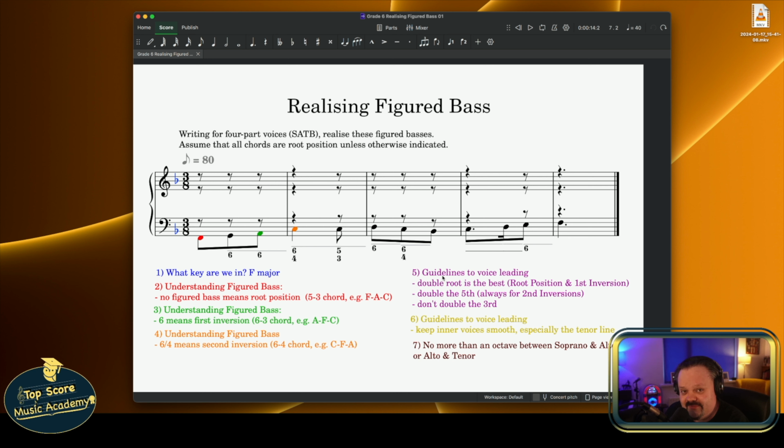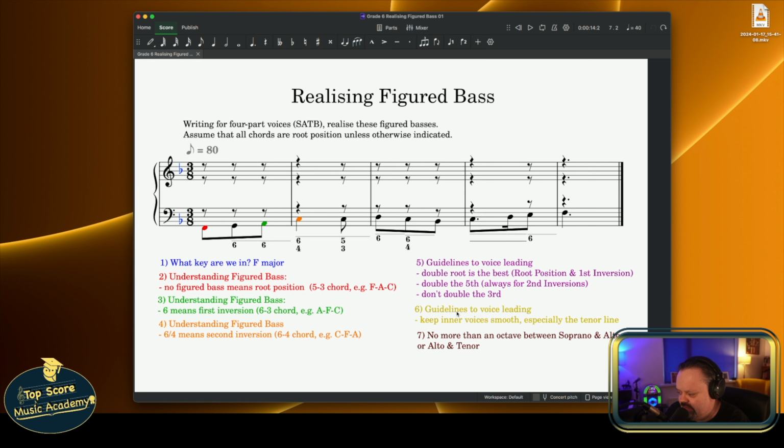Okay, so point number 5 deals with sort of general guidelines for voice leading. So does number 6. This is more to do with the motion of particular voices. The tenor and the alto line, or your inner voices, tend to progress quite smoothly. They tend to have smooth melodic motion.